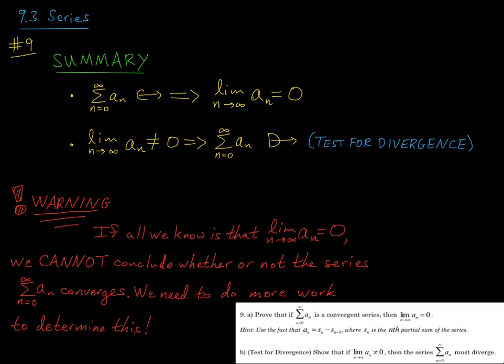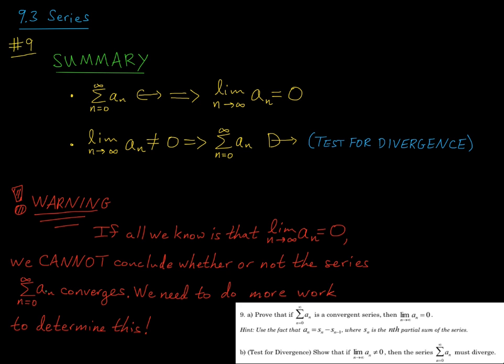So notice this first statement. It says, if we know the series converges, then a sub n approaches 0. So if I punch the wall, then my hand hurts. But you've got to be really careful. It's tempting to want to say, let's say my hand hurts. In other words, all I know is that a sub n approaches 0. Can I conclude that I had to have punched the wall?